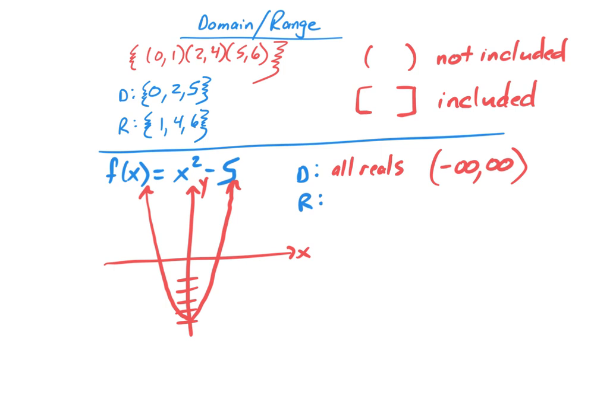The lowest it ever goes is to -5. -5 is its lowest point it ever reaches. It will go up forever, but it never is going to get below -5. So -5 is my low point. And so when we write the range here, we're going to include -5, because that's where it hits. That's its lowest point. And then we're going to go from -5 up to infinity, because it goes on forever. It never stops.